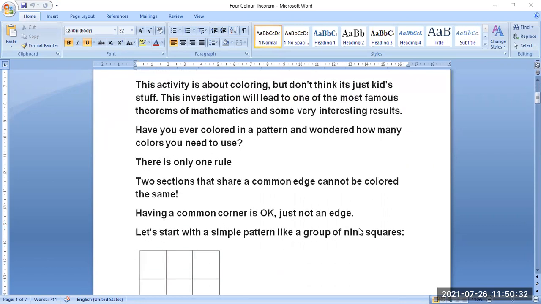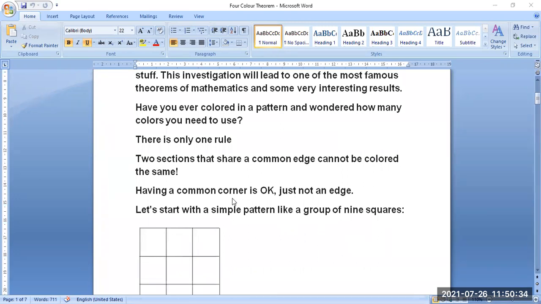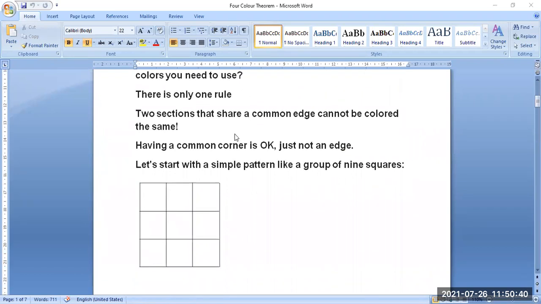Now we are taking some examples. Have you ever colored in a pattern and wondered how many colors you need to use? There is only one rule: two sections that share a common edge cannot be colored the same. That is the main thing of coloring.